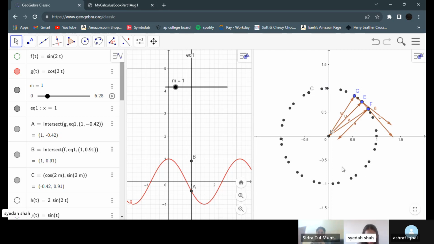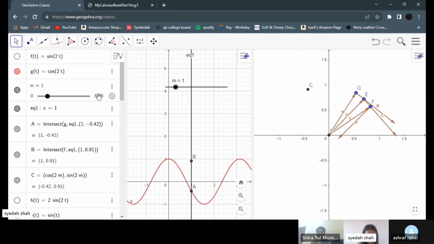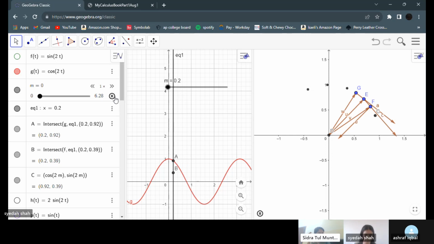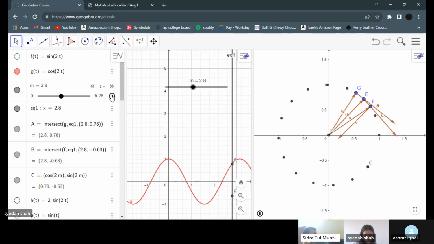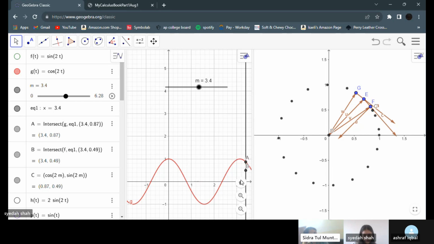Let me redo it. You can just move the second graphics a bit, so these dots will vanish, and you can plot it again only once.